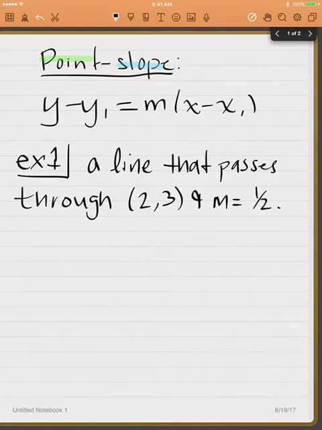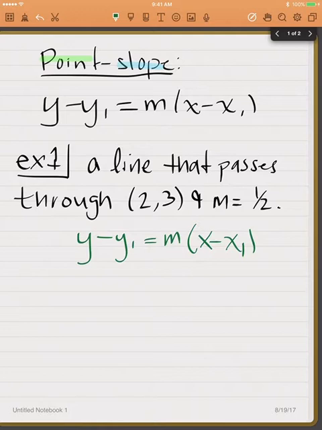So what we're going to do is we are going to substitute the point and the slope into point slope form. So let me rewrite point slope form. So here it is, y minus y1 equals m times x minus x1.